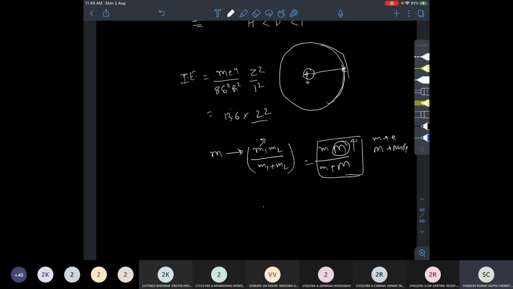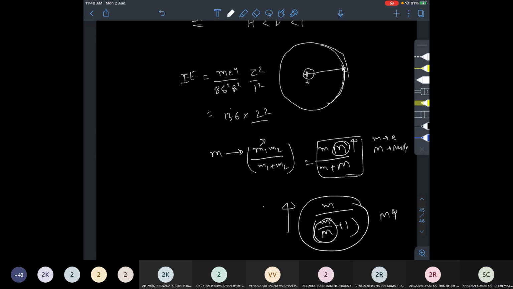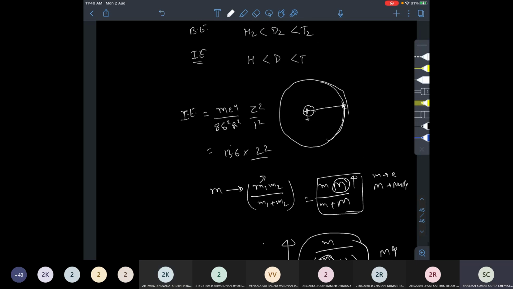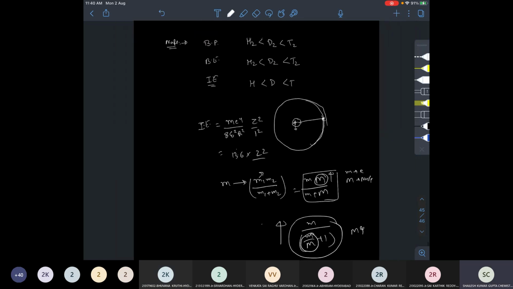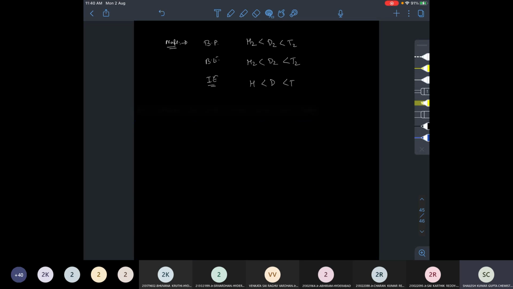Just check it out. You divide with capital M, top and bottom. So if you increase capital M, don't you think this value is going to decrease? So overall value is going to increase, yes or no, guys? Yes. So that's the reason why the ionization energy increases. The answer is yes, because of the mass number.